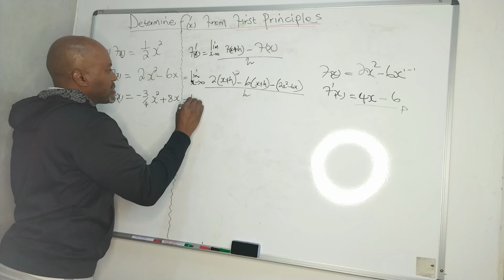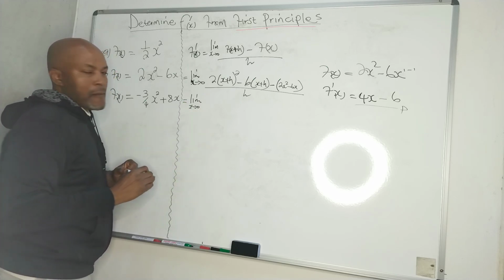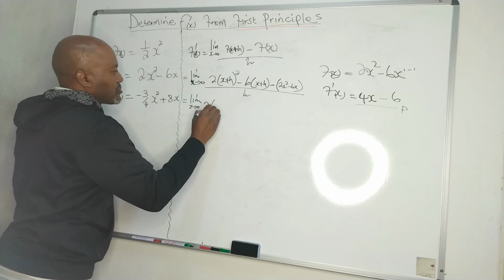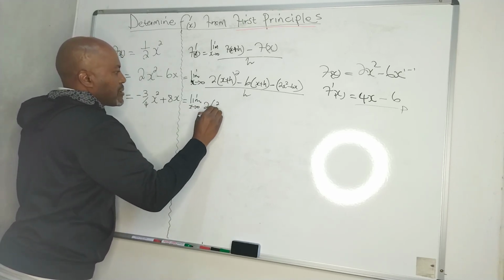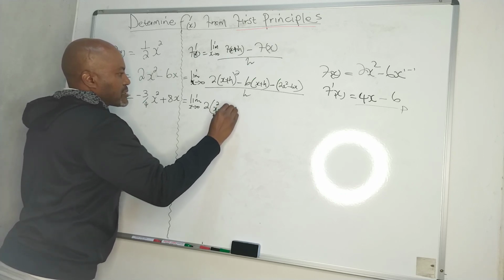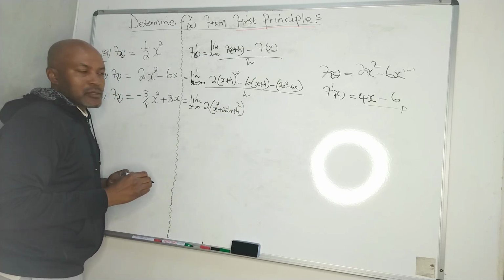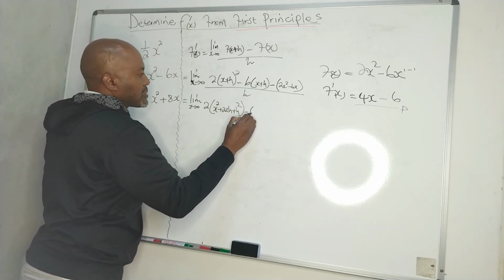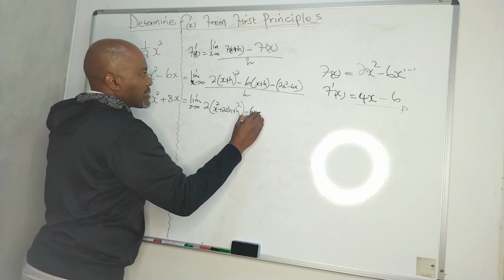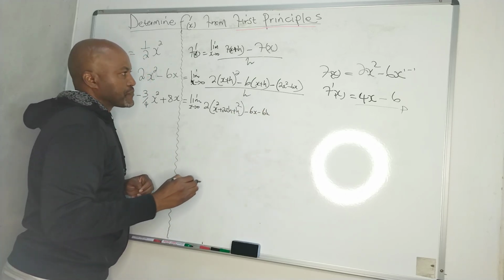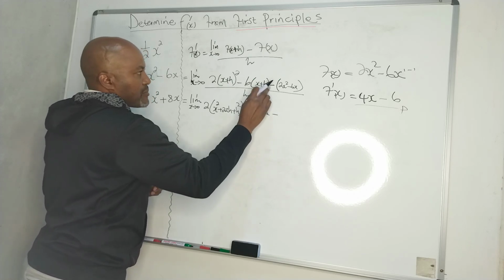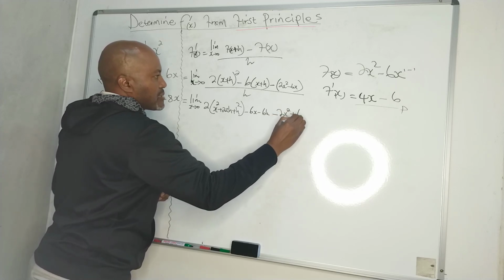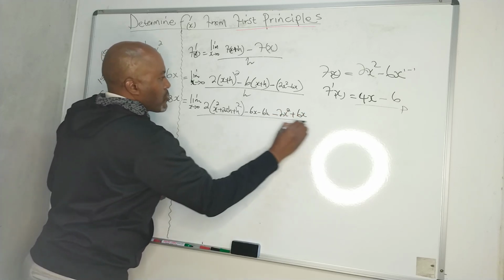Now it's going to be the limit, 2 into this, you simplify, it's going to give you x squared plus 2xh plus h squared, you close. Minus, multiply that 6 inside, you're going to get 6x minus 6h, minus, multiply this negative inside, you get negative 2x squared plus 6x all over h.